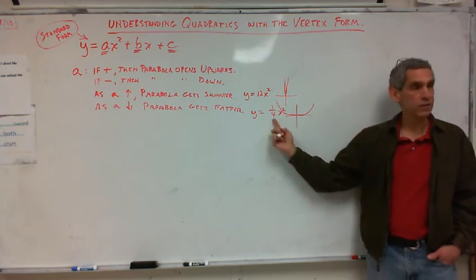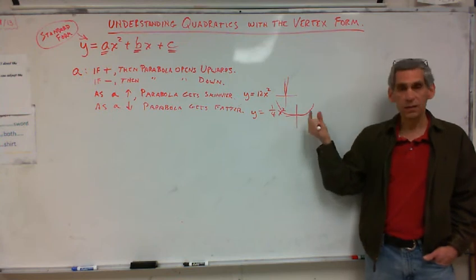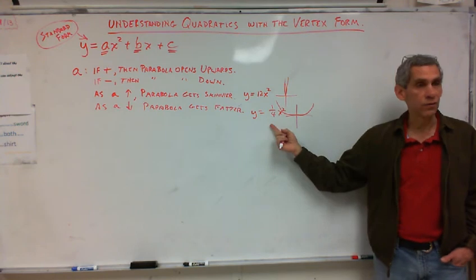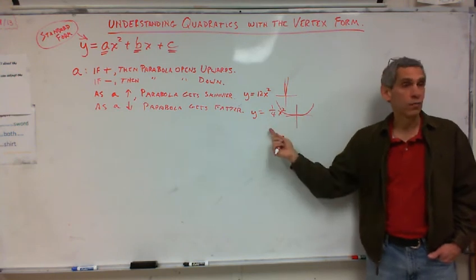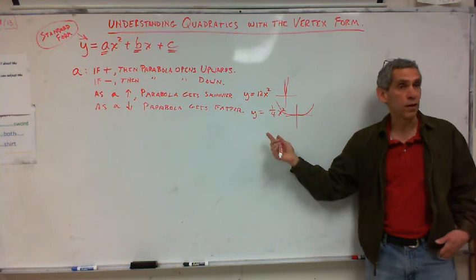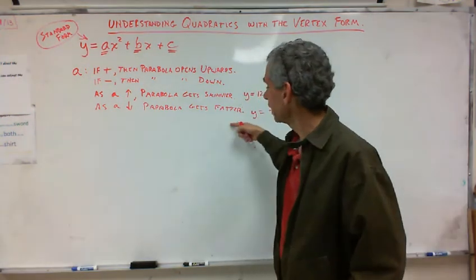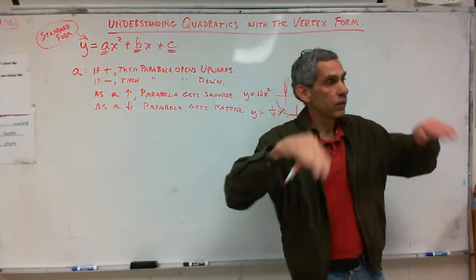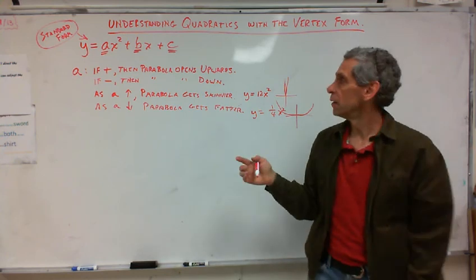When it's less than 1, in particular when a is a fraction, it gets really wide. Okay? And obviously, as I make it even smaller fractions, 1/16th would be even wider. 1/200th would be unbelievably wide, right? As it gets smaller, it gets fatter. So that's what a does. It determines whether it's a smiley face or a frowny face, and whether it's narrow or fat, right?